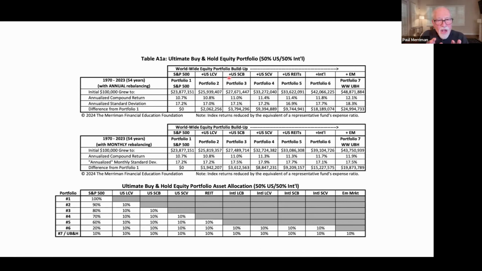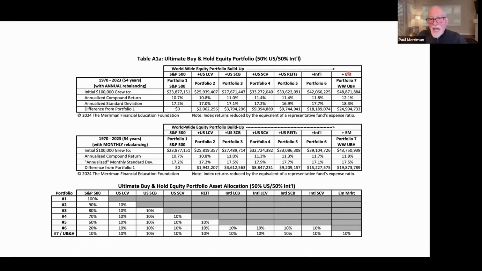And then we showed you we wanted to take a step here in the second segment, take a step to figure out what equity asset classes you could use in your portfolio. Not everything goes back to 1928, but we took it back to 1970, and we looked at 10 different equity asset classes, all approved in essence by the academic community, so that they have said that the S&P 500 and large cap value and small cap blend and REITs. And then over here in the international section, we've got large cap blend, and we've got large cap value and small cap blend and small cap value and emerging markets as a separate equity asset class.